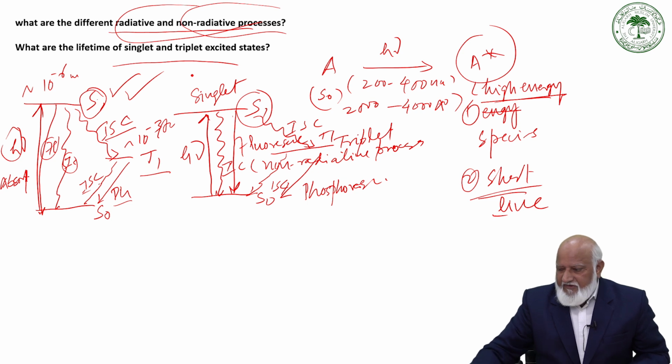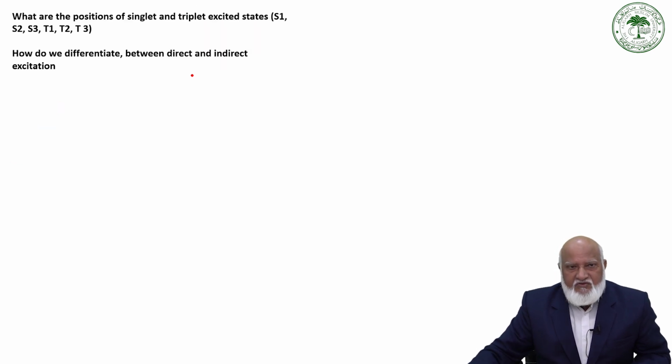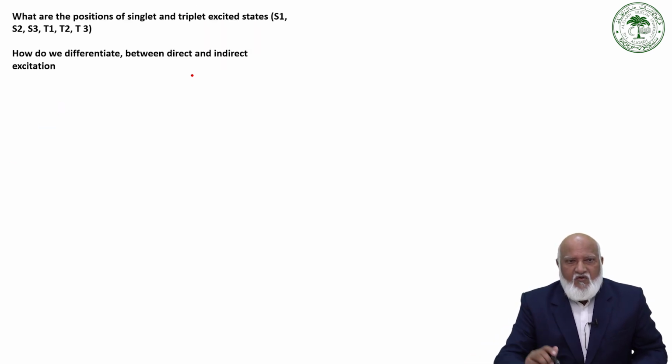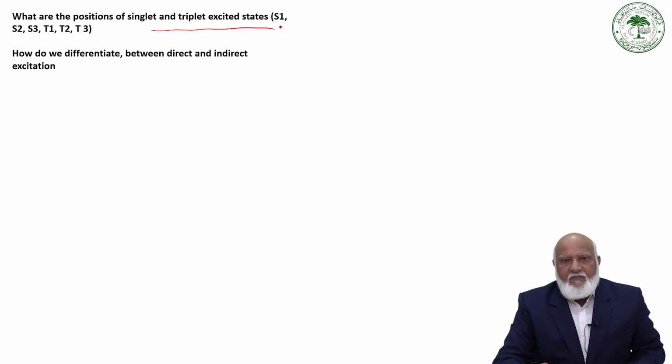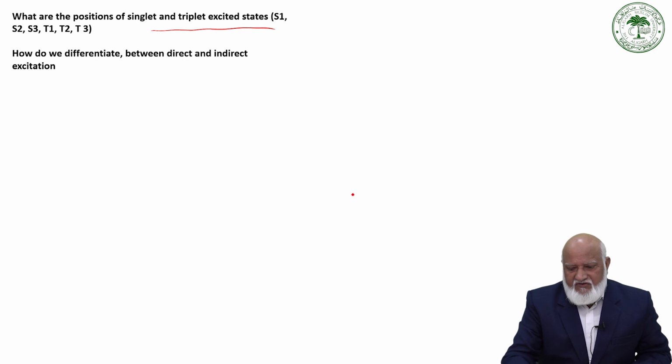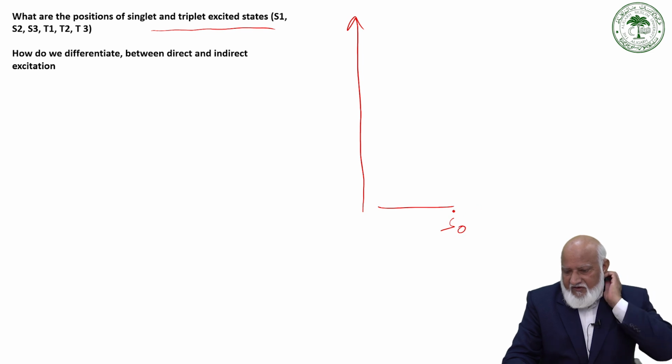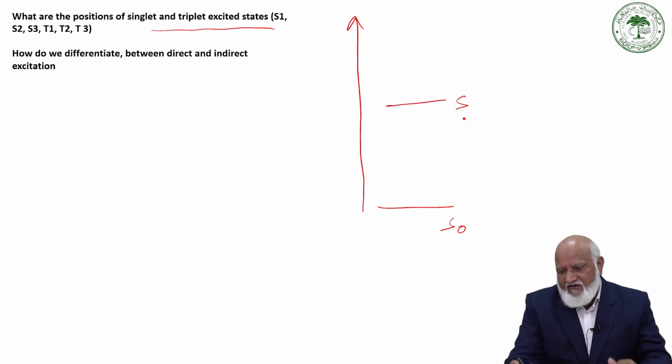And now the next question arises: what is the position of singlet and triplet excited states in terms of energy? For example, a molecule from S0 can go to the S1 state.